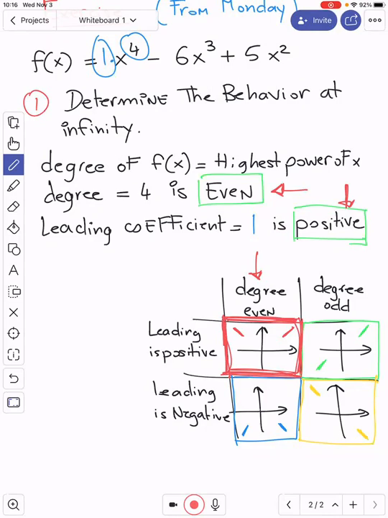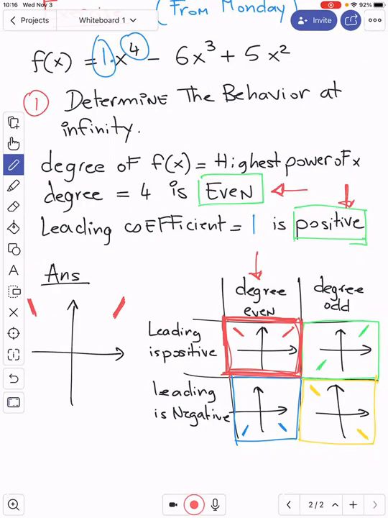So your final answer is the following: when x is at negative infinity, the output y is gonna be at positive infinity, and when x is at positive infinity, the output y is also at positive infinity, right? So that's the answer.